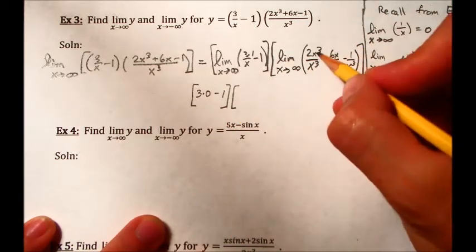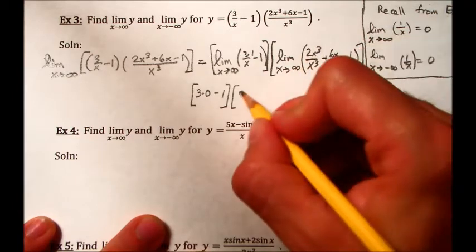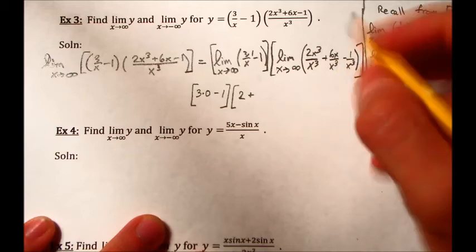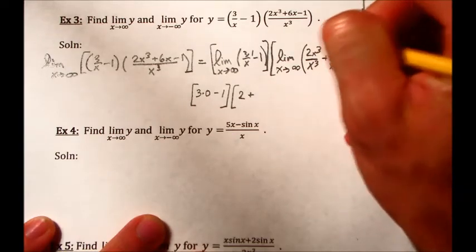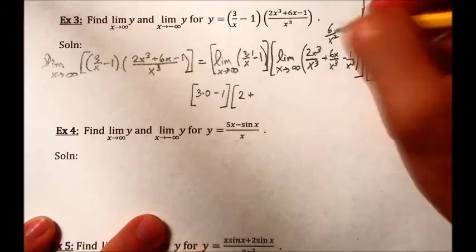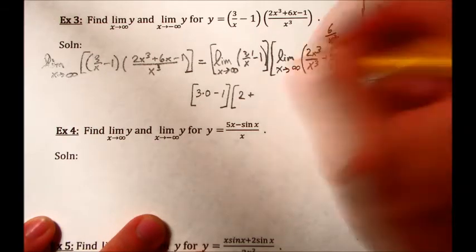Okay, this reduces to just 2, so the limit of that constant 2 is 2. This reduces to 6 over x squared, which is basically, well, it's 6 over x times 1 over x, you could say.